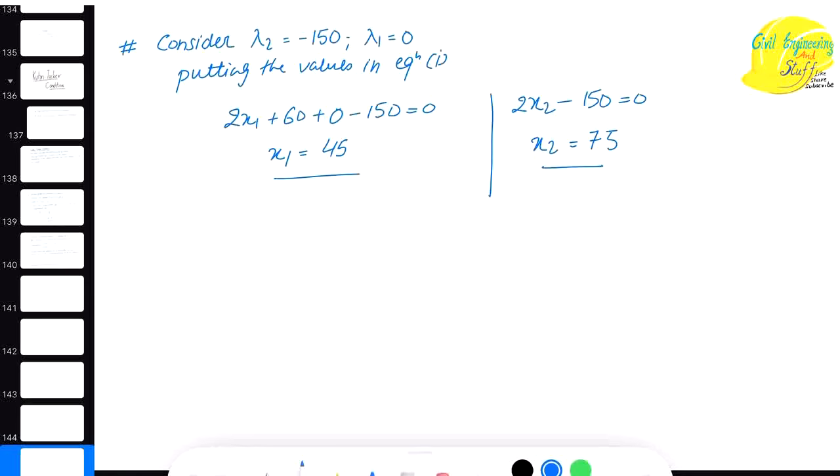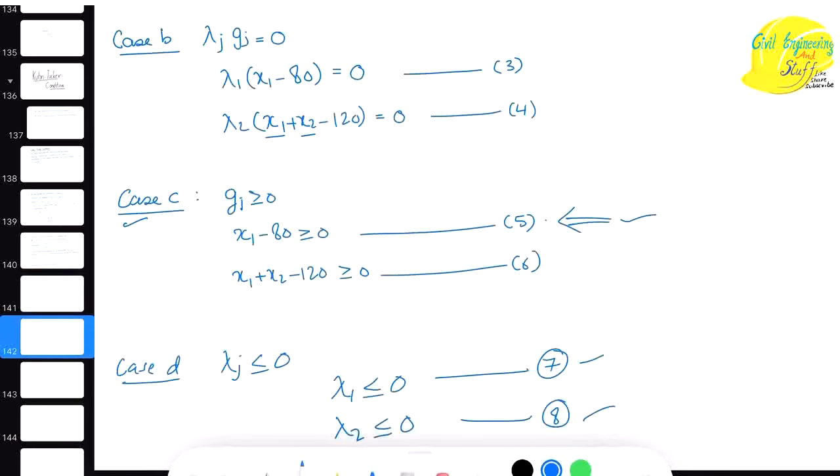So again, let us check the conditions that we have. Of course, our lambda 2 value is minus 150, so it is satisfying condition number 8. Our lambda 1 value is 0, and again we have less than or equal to 0, so this is also satisfied. Our equation number 5 says that x1 minus 80 should be greater than or equal to 0.